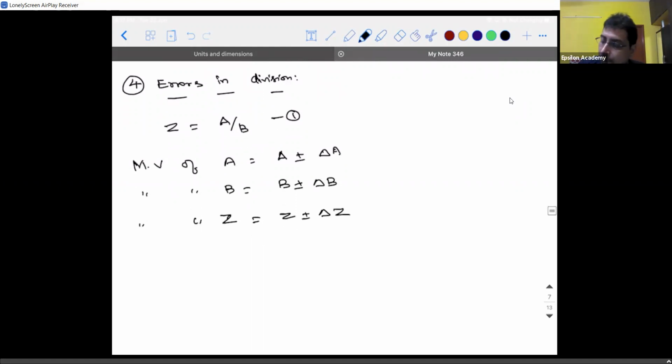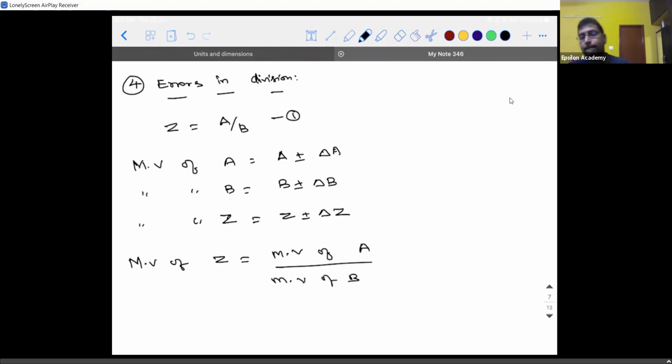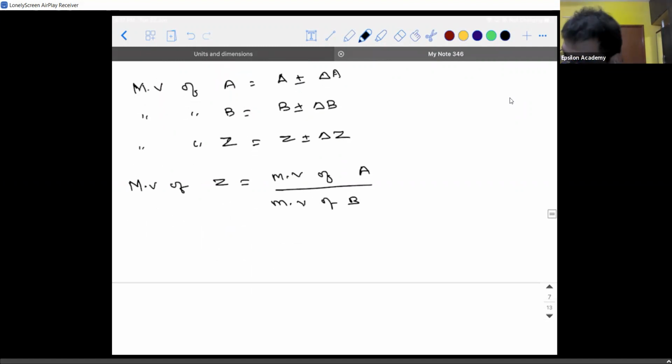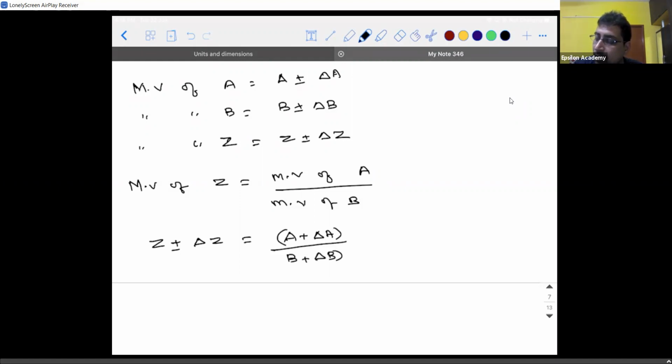Now, can I write measured value of Z is equal to measured value of A divided by measured value of B? Means Z plus or minus delta Z is equal to A plus or minus delta A divided by B plus or minus delta B. Guys, am I clear with this?